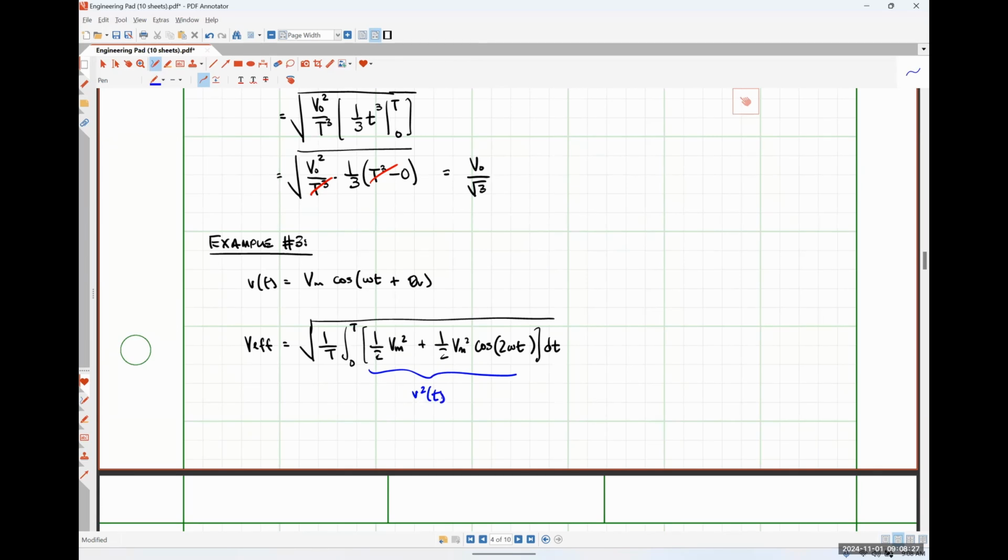Now, the period here, capital T, is the period of the voltage signal, not the voltage squared.